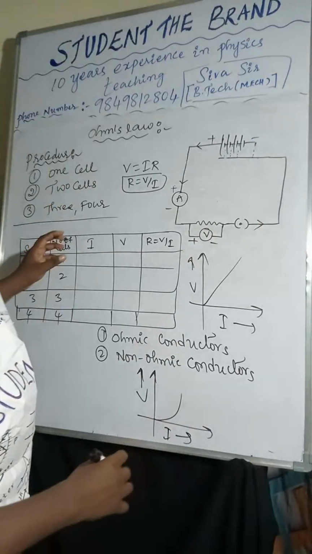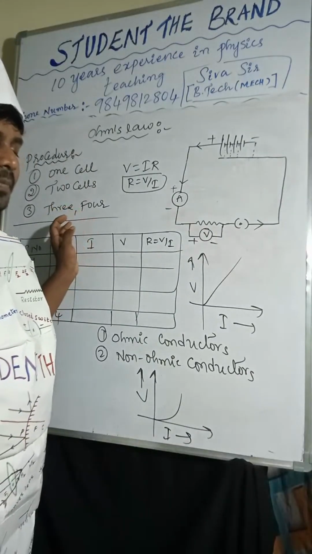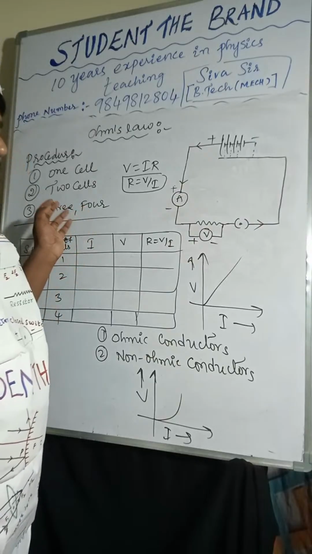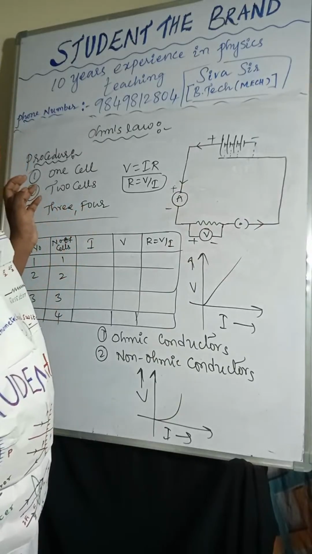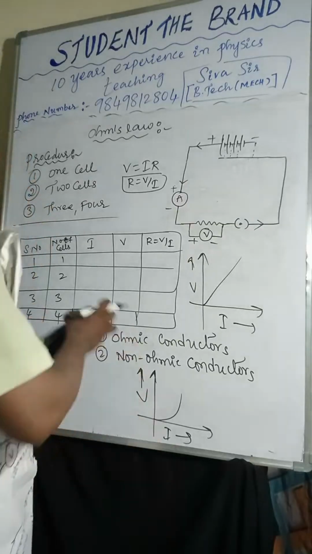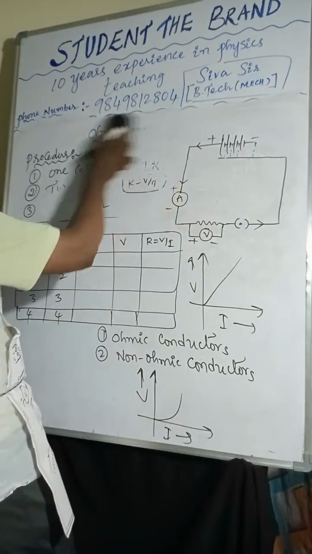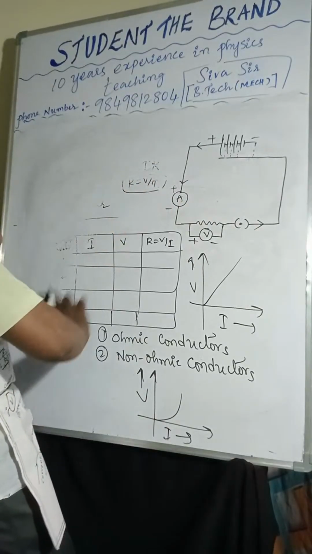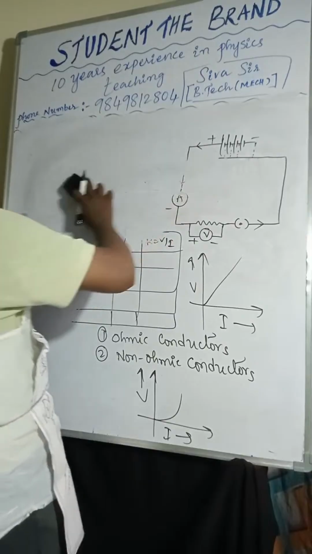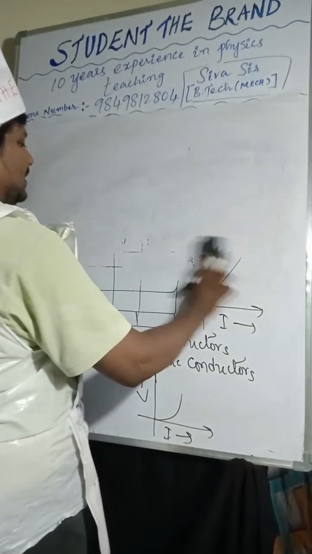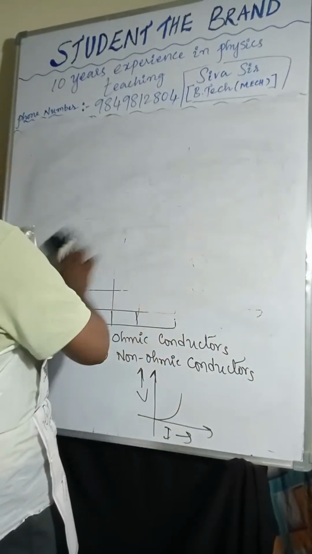This is a very, very important activity, so please make a note of it. So that was Ohm's law. Next one: factors that resistance depends on. We will also do problems related to current, Ohm's law, and everything, and discuss all the problems.